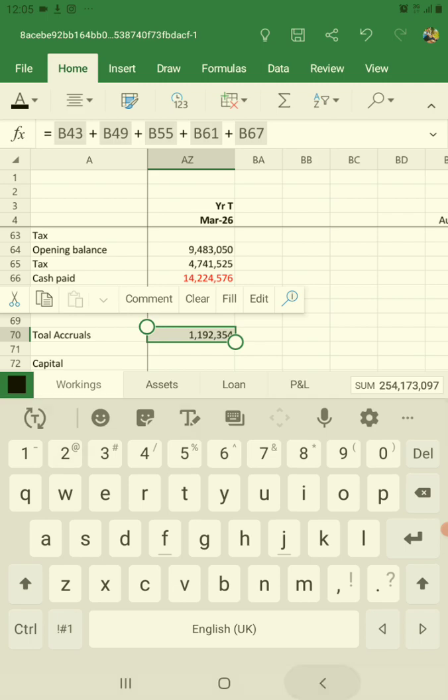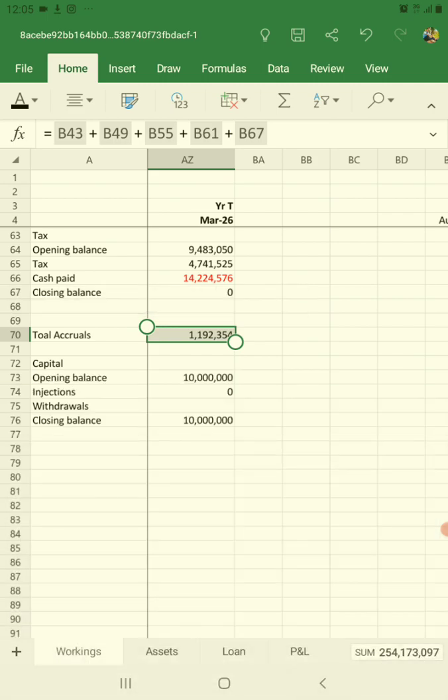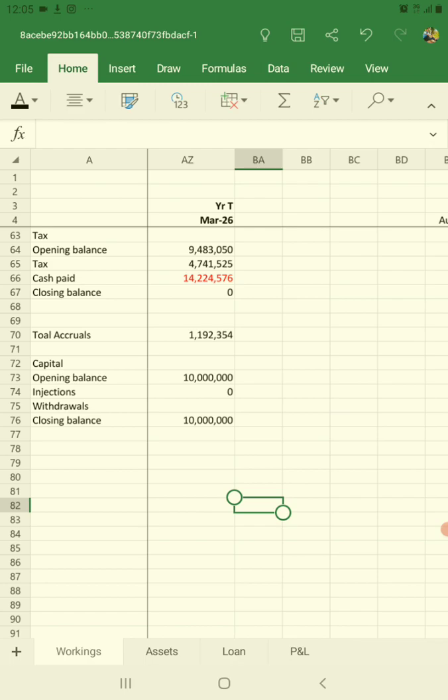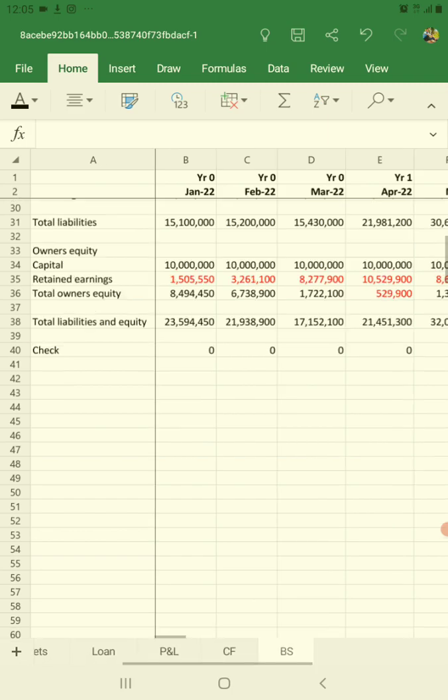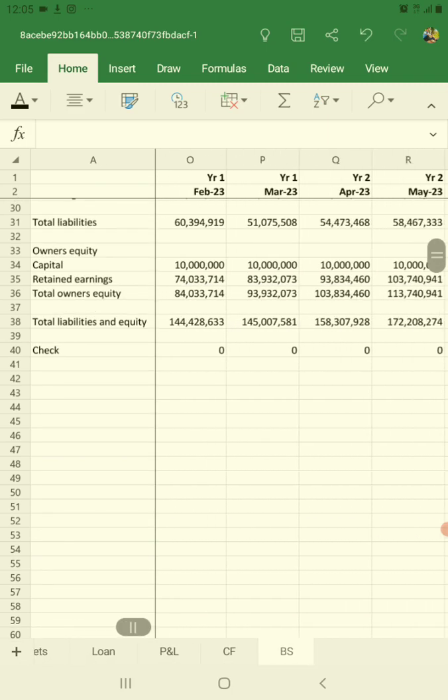So after doing that, our balance sheet should balance.